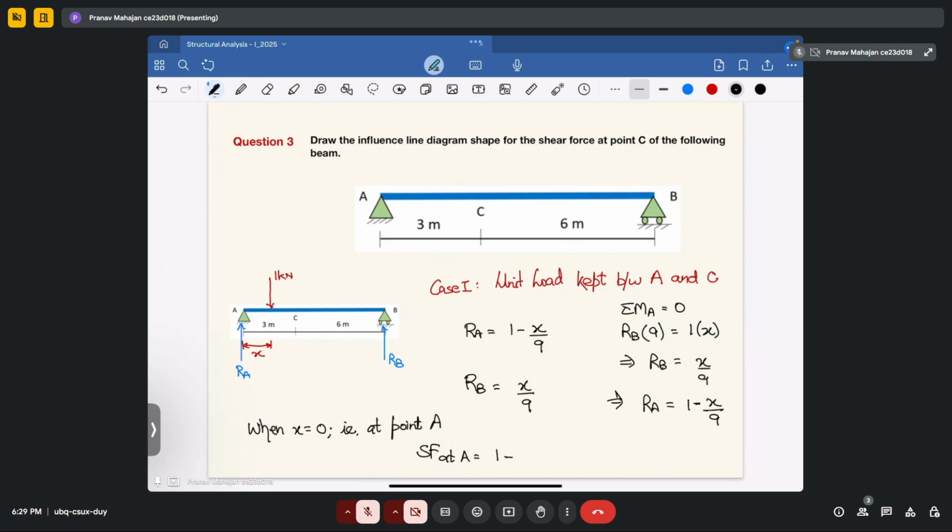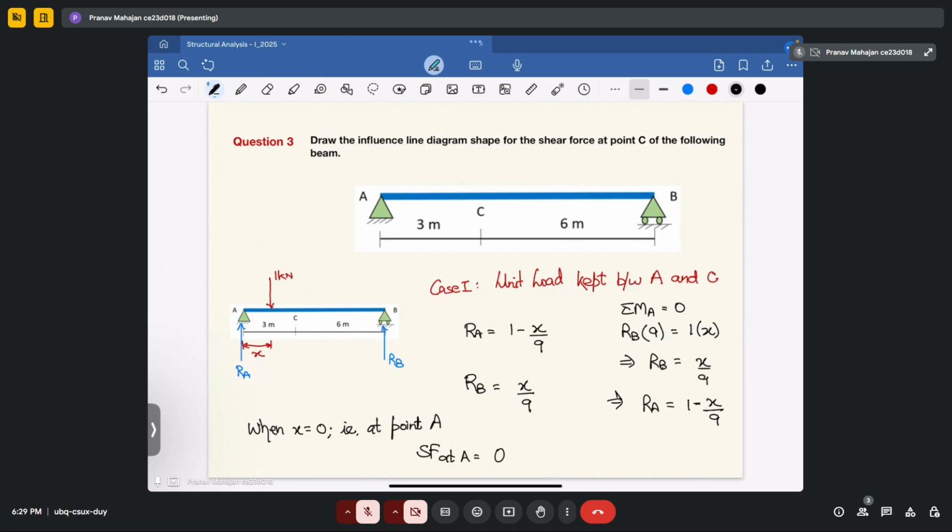So your shear force at A will come out to be 0, because your reaction force and the applied force make it equal to 1.